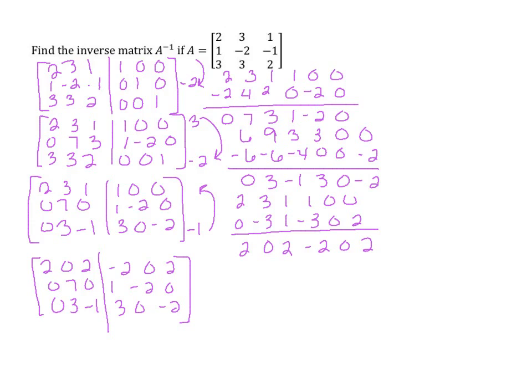Alright. Now I need to get rid of my bottom 3. If I look at 7 and 3, their least common multiple is 21. So I'm going to multiply my middle row by 3 and my bottom row by -7.